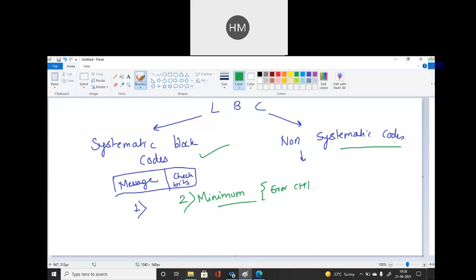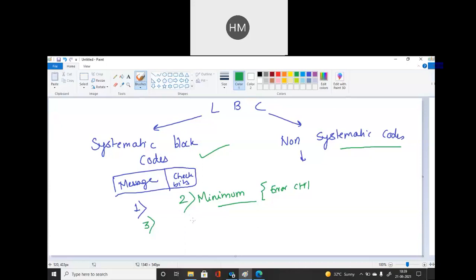And the third point, to decode LBC. So at the receiver side, we are decoding LBC, that is correcting and detecting errors.